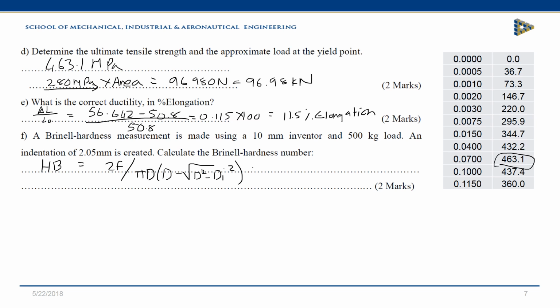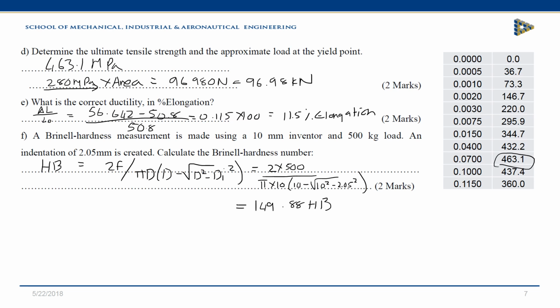So it's equal to 2 times the force, which is in kilograms, over pi times the 10 millimeter indenter, and then 10 minus the square root of 10 squared minus 2.05 squared, close brackets, and that would give us a hardness of 149.88 Brinell hardness.